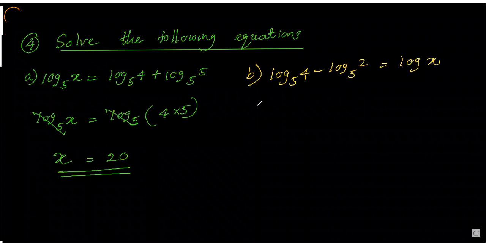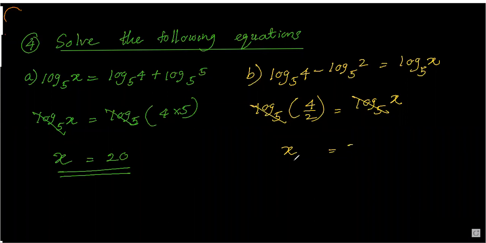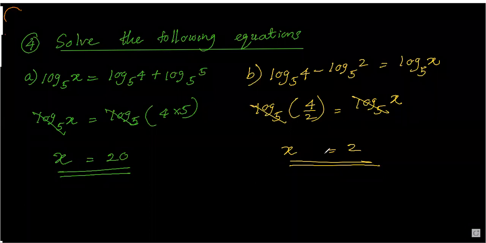So we can take log 5 out, 4 divided by 2 equals log 5 base x. Simplify. X equals 4 divided by 2, which means 2. There are four sums. Before I start to do them, I think you all can do them easily. If there is minus, it means division; if addition is there, you can do the multiplication.